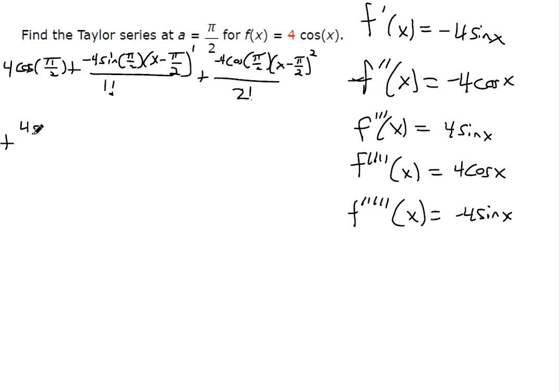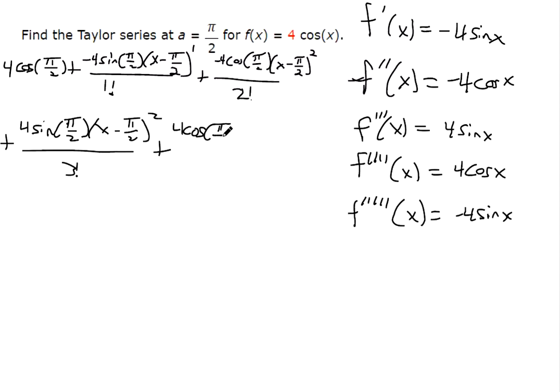So it's 4 sine pi over 2 times x minus pi over 2 to the third over 3 factorial, plus the fourth derivative is 4 cosine pi over 2 times x minus pi over 2. That should be, let's see, first, second, third power, right? This is the fourth power over 4 factorial.